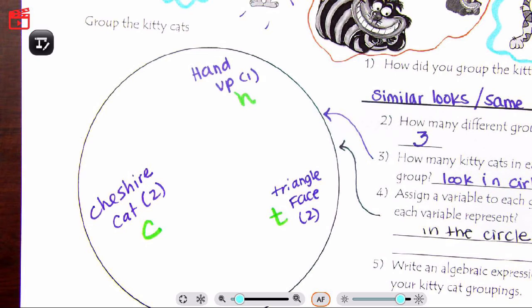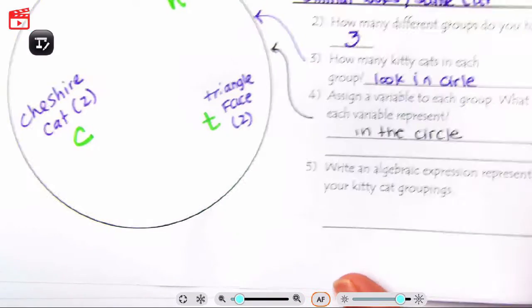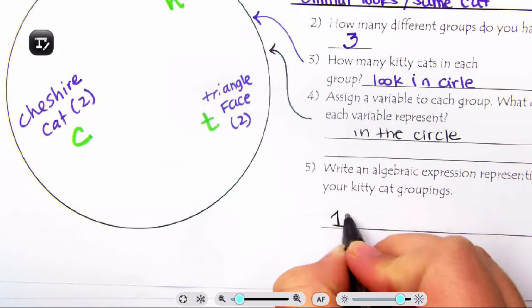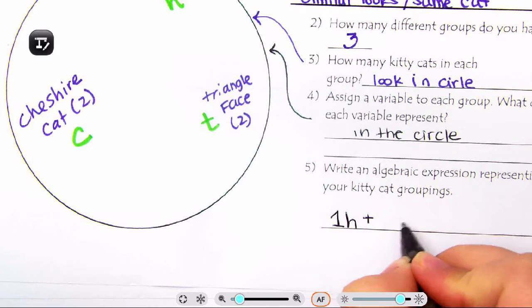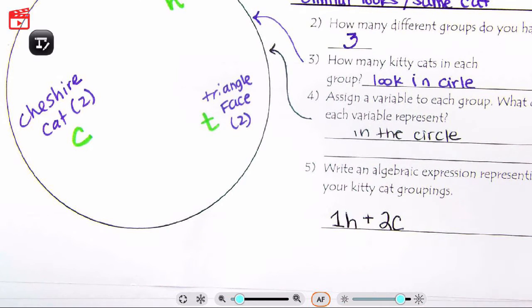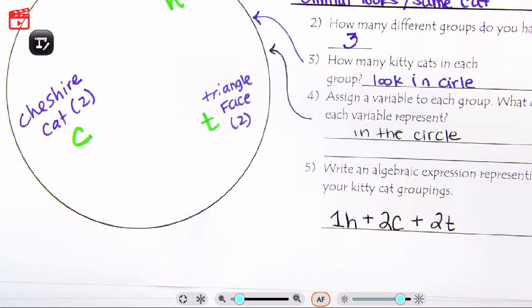Write an algebraic expression representing your kitty groups. So this is how we're going to write our algebraic expressions. We have one kitty with his hands up, and we have two kitties that are the Cheshire cat, and we have two kitties with the triangle face.